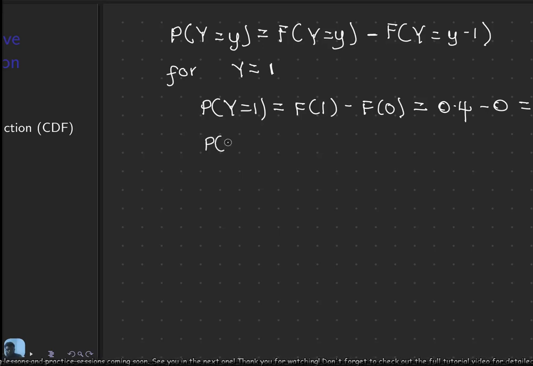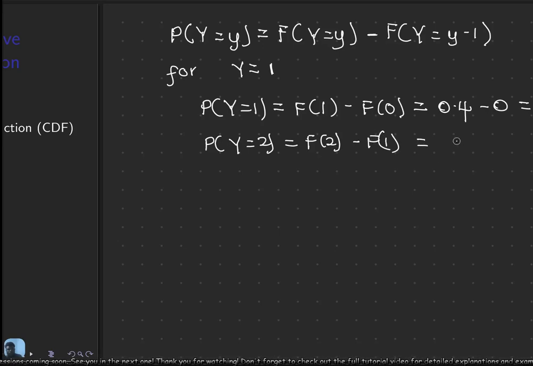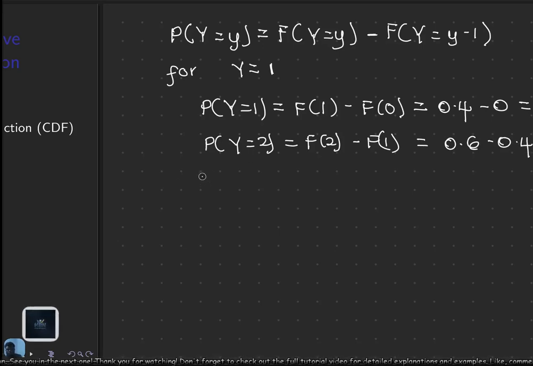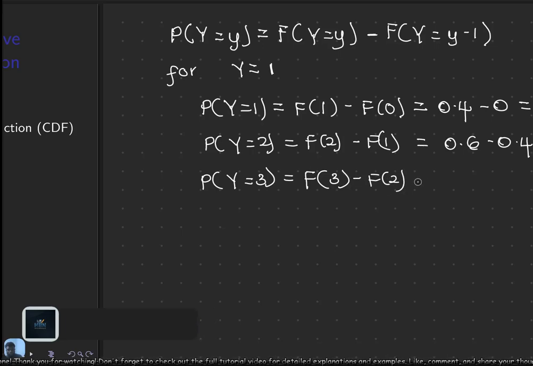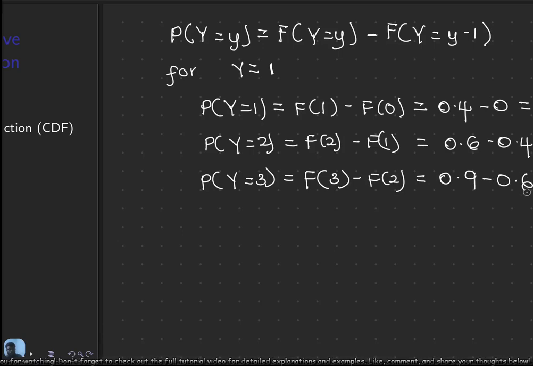Then we come to P of y equals 2. We look for F of 2 minus F of 1, and from the table that is 0.6 minus 0.4, which is equal to 0.2. Then P of y equals 3 follows the same trend: F of 3 minus F of 2, which is 0.9 minus 0.6, and that gives us 0.3.